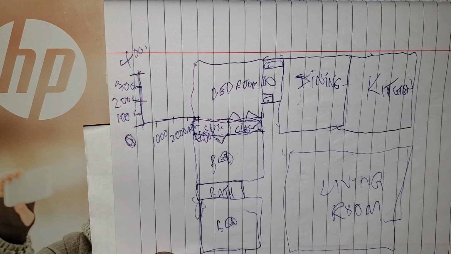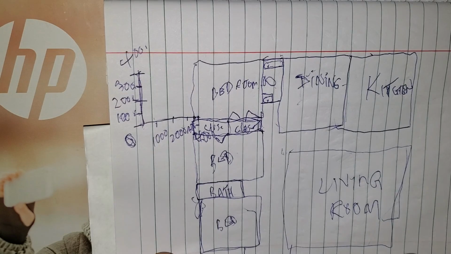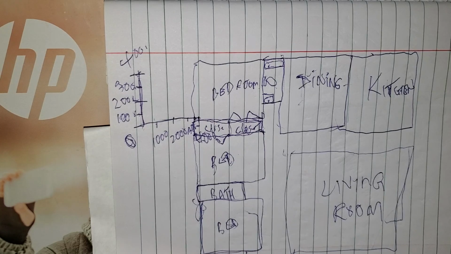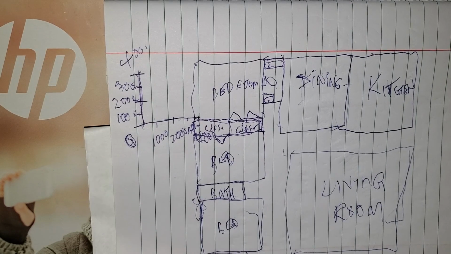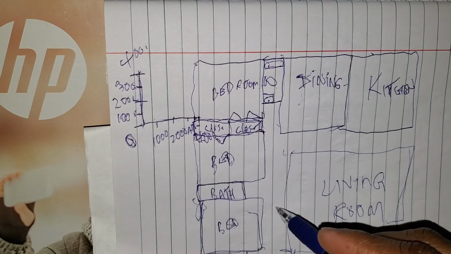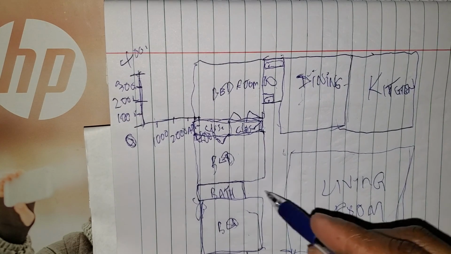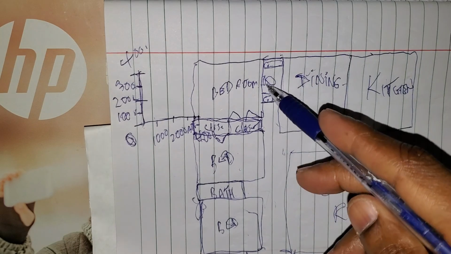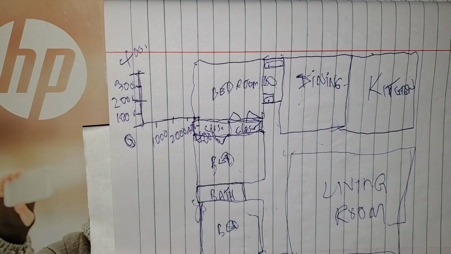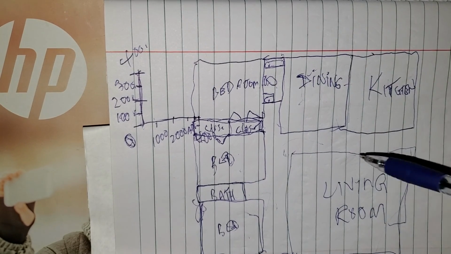Down here you could have a veranda with our columns. One column there, next column here. So we would enter here into this bedroom, into that bedroom, down here to this bathroom, and from here around into the kitchen and dining.